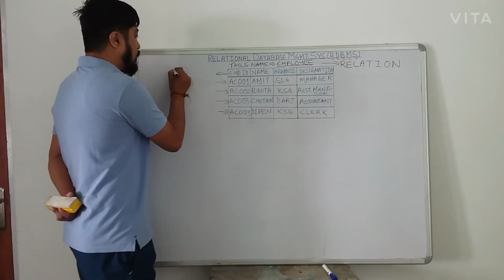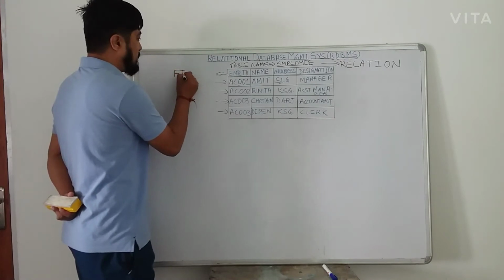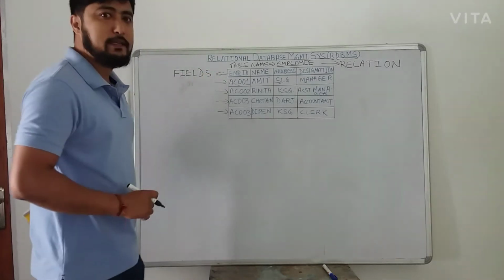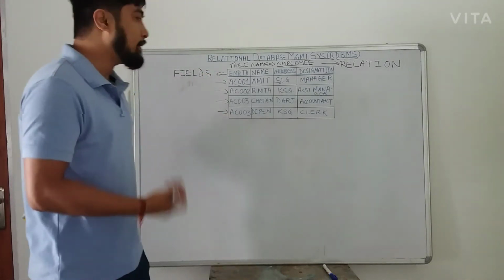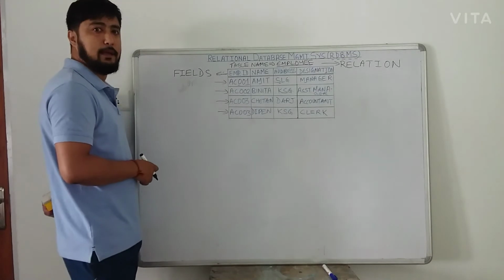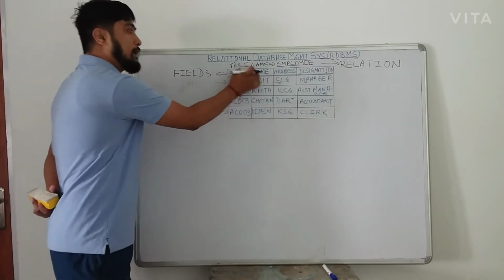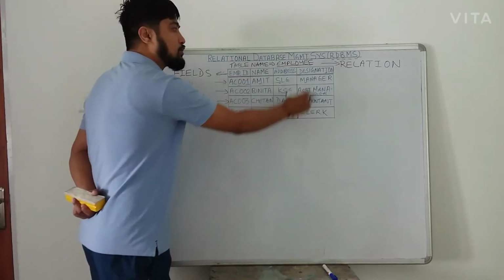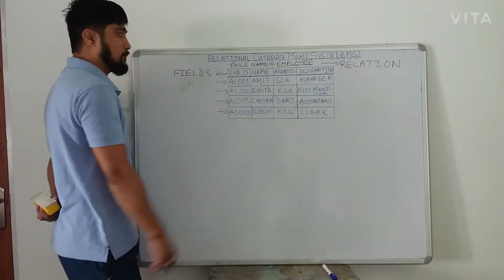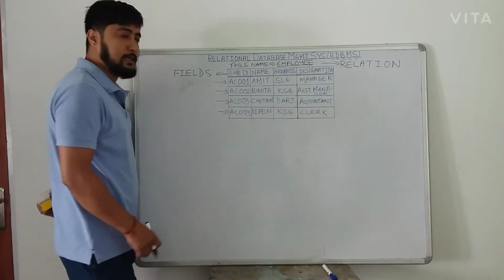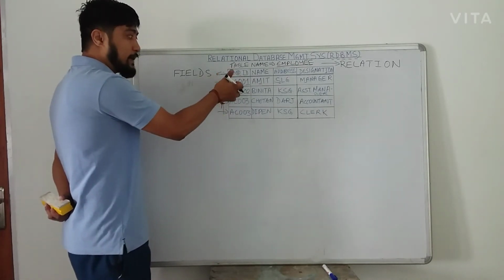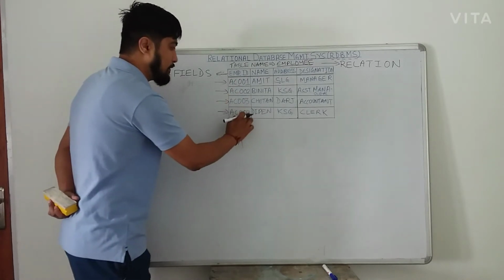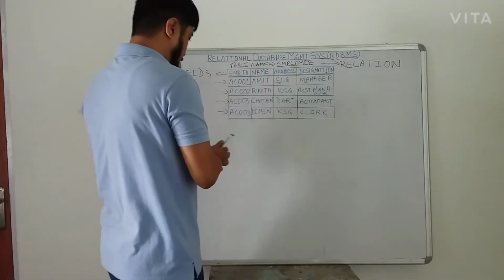We used to call these fields in DBMS, the headings under which the values are stored. For example, EMPID is a field whose values are AC001, AC002, AC003, and AC004.